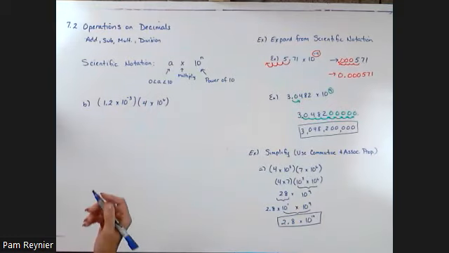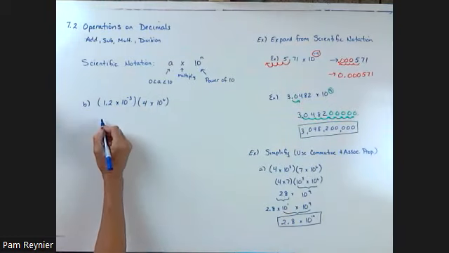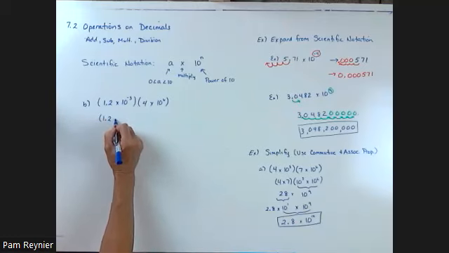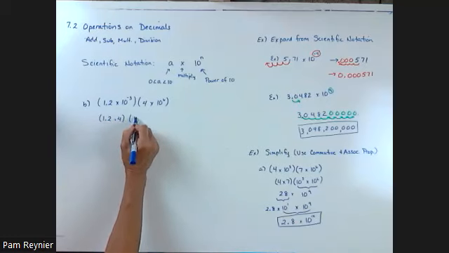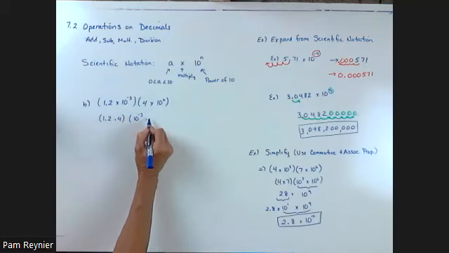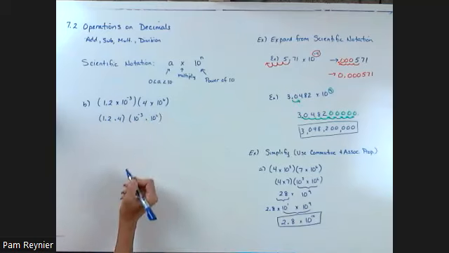Well, commuting and multiplying like factors, I'm going to take 1.2 and multiply by 4. Then I'm going to take 10 to the negative 3 and multiply by 10 to the 6th.